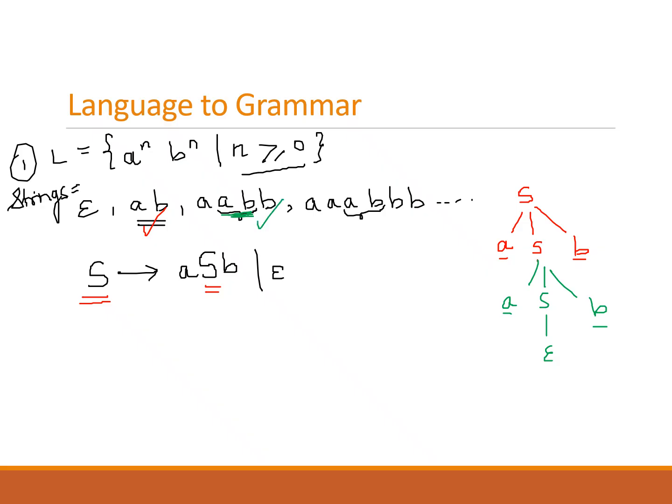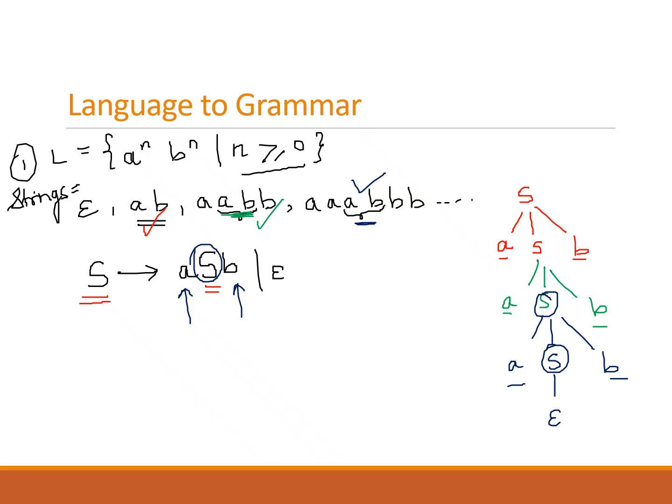Next time, again, instead of epsilon, if this was expanded using ASB, again an AB is added at the center, and making this epsilon makes us accept this string. So this S here basically is allowing us to create addition of AB multiple number of times.